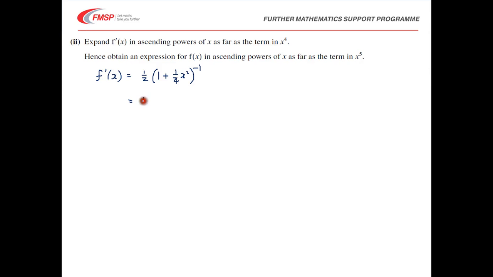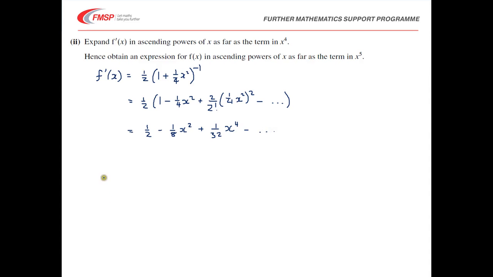So that's a half times 1 minus a quarter x squared plus 2 over 2 factorial times a quarter x squared squared minus dot dot dot, which comes out to be a half minus 1/8 x squared plus 1/32 x to the 4th minus dot dot dot.